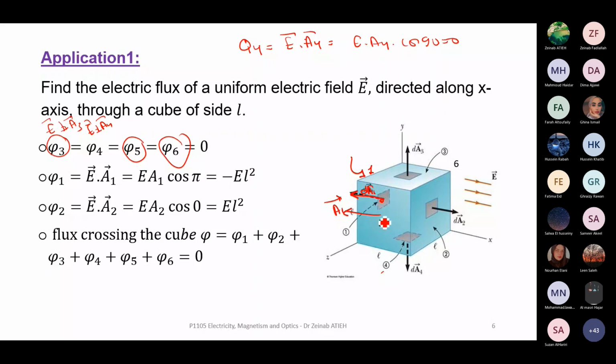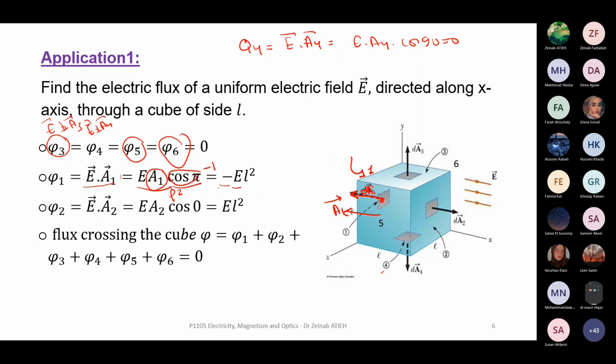You can see that if I draw A1, it has an opposite sense to E. So E dot A1 will simply give me E A1 cosine pi, and it's minus E L cosine pi, which is minus 1. The area is equal to L square, the area of face 1 with side by side L. So I will get minus E L square.